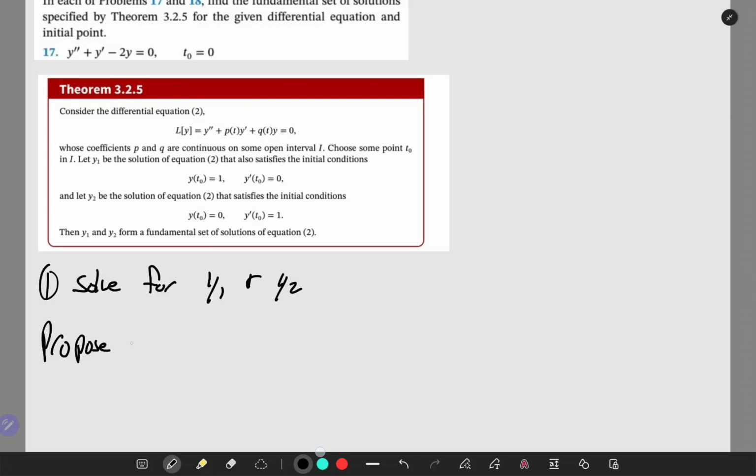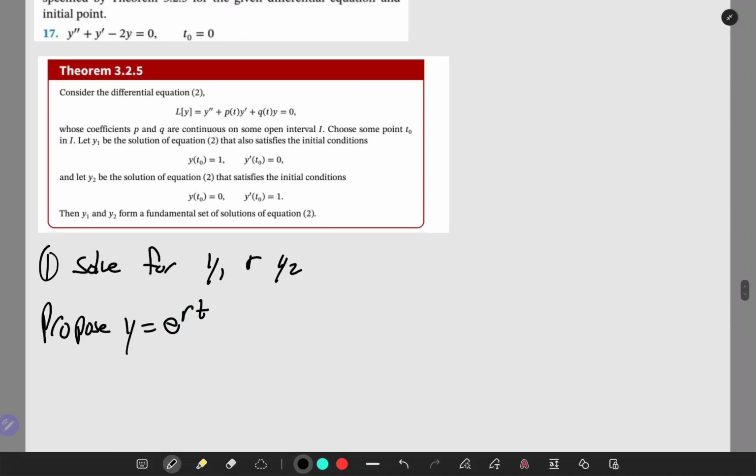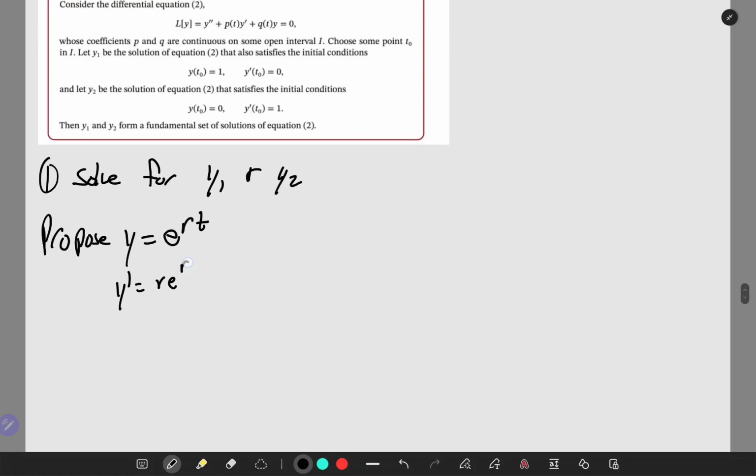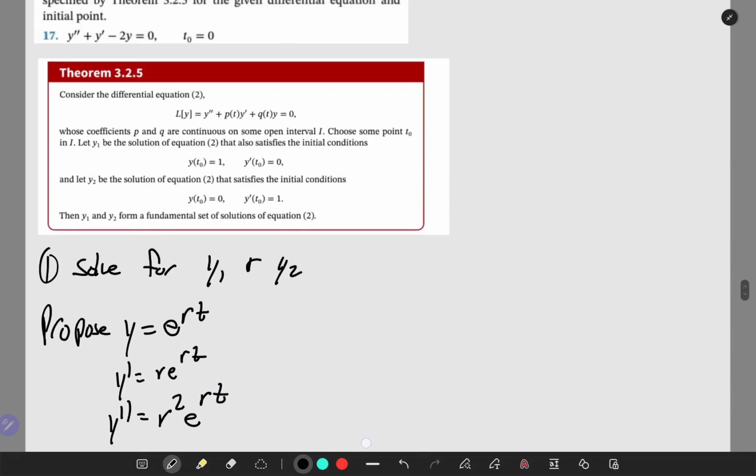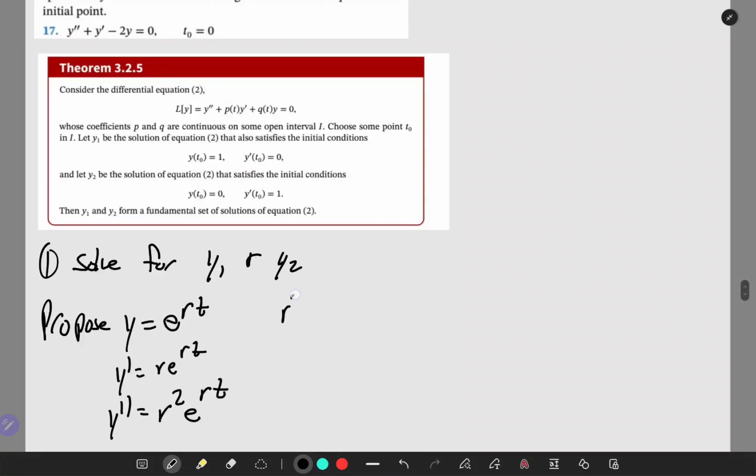I guess in this case it would be y. y is equal to e to the rt. So then y prime is equal to r e to the rt. y double prime is equal to r squared e to the rt. Plug those back in. r squared e to the rt plus r e to the rt minus 2 e to the rt is equal to 0.